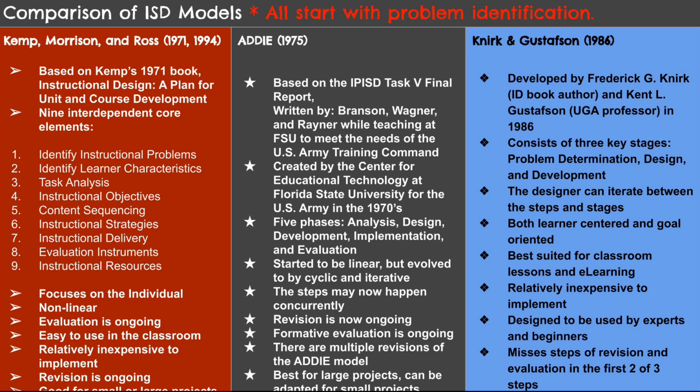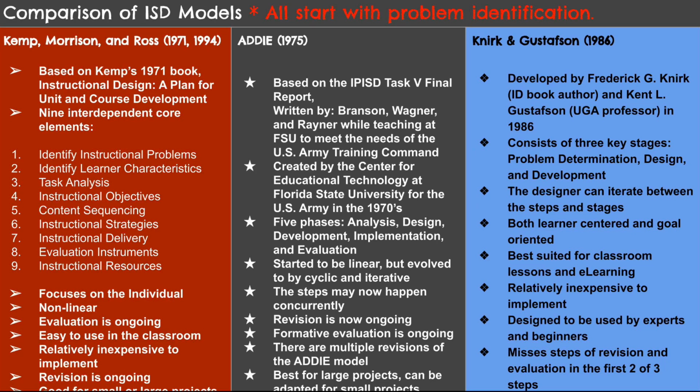The Nurk and Gustafson model was developed by Frederick G. Nurk, an instructional design book author, and Kent L. Gustafson, a UGA professor, in 1986. It consists of 3 key phases: problem determination, design, and development. The designer can iterate between the steps within the stages. This model is both learner-centered and goal-oriented.